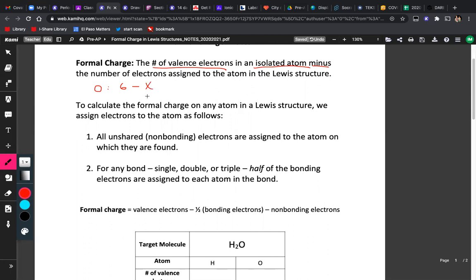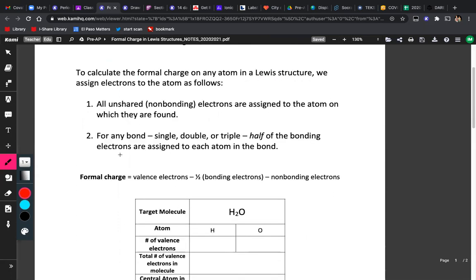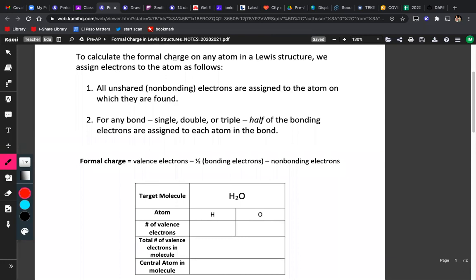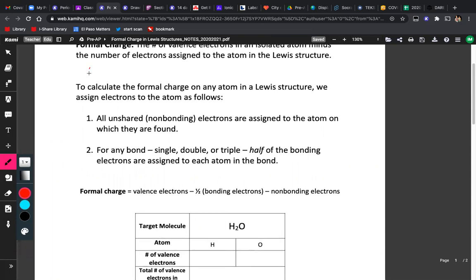Let me go over these points down here, and then I'll go over that actual example. To calculate formal charge on any atom in a Lewis structure, we assign electrons to the atom as follows. This is where I was showing you that X, right? We figure out X from these 2 points.